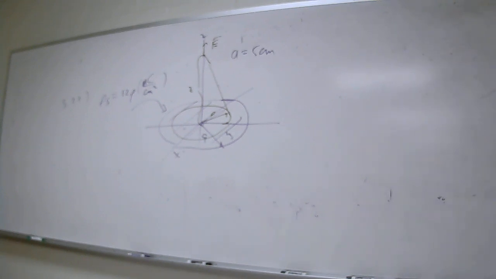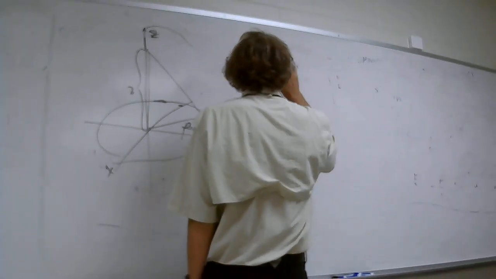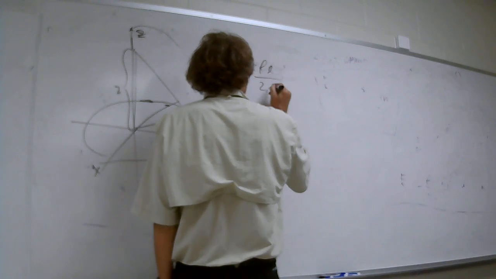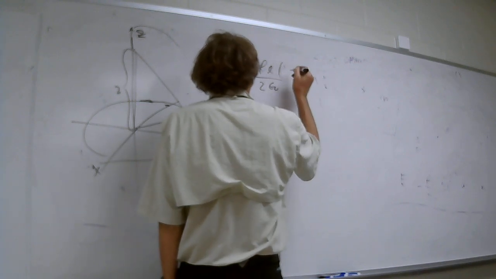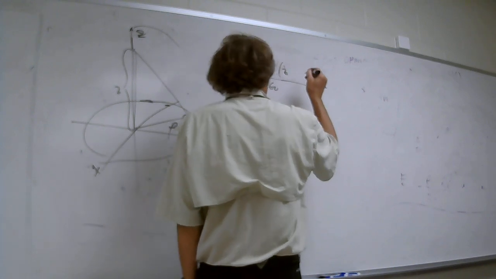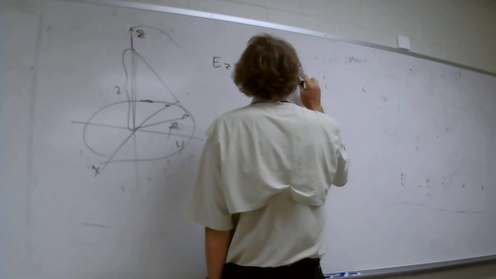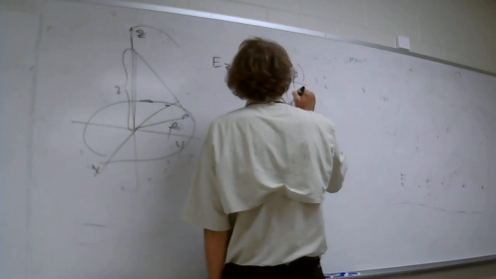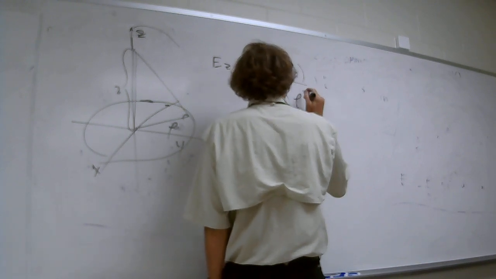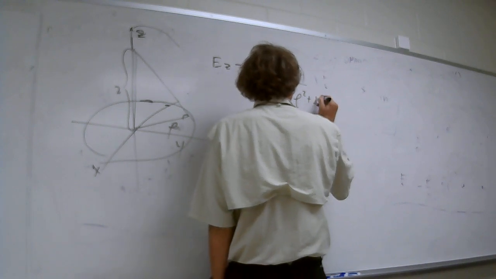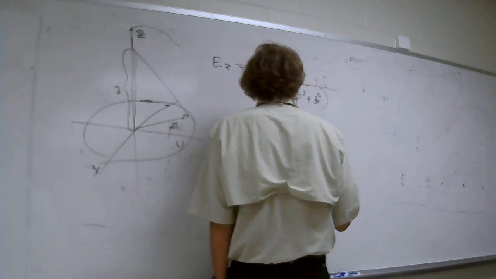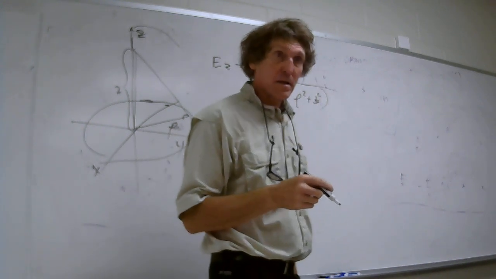How many remember what it is? The E field on the Z-axis from that was equal to rho L over 2 epsilon naught, times z, times the radius, which would be rho, over rho squared plus z squared. Y'all follow me on this?